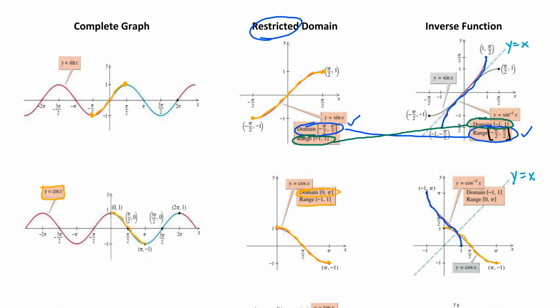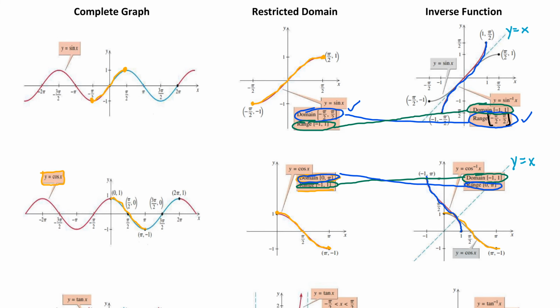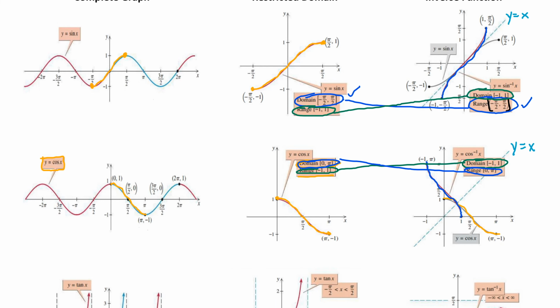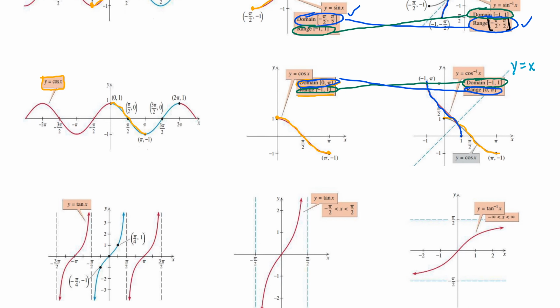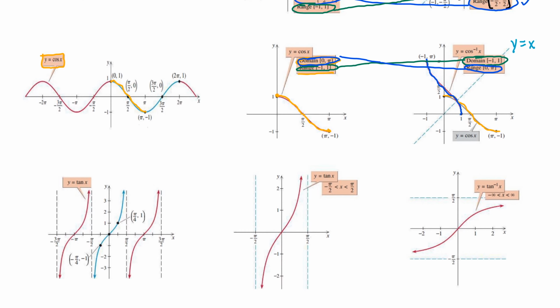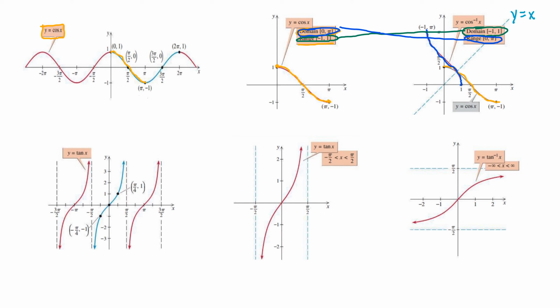What's important to recognize here is that the domain of my inverse cosine function is equal to the range of my original cosine function, and the range of the inverse cosine function is equal to the restricted domain of my cosine function. So by restricting the domain of sine and cosine, we're able to get a piece that is 1 to 1 and therefore invertible. We're going to do something similar with tangent as well.